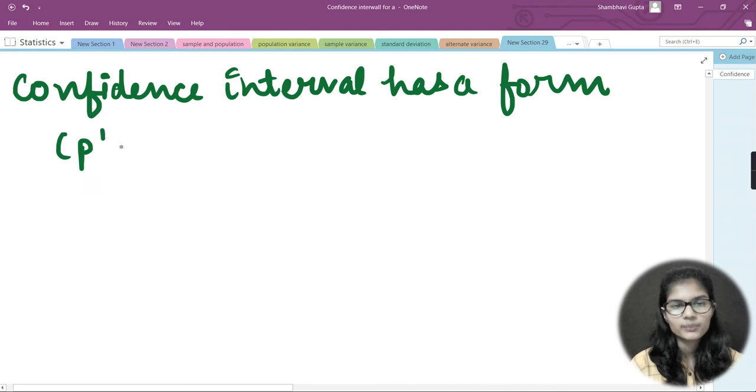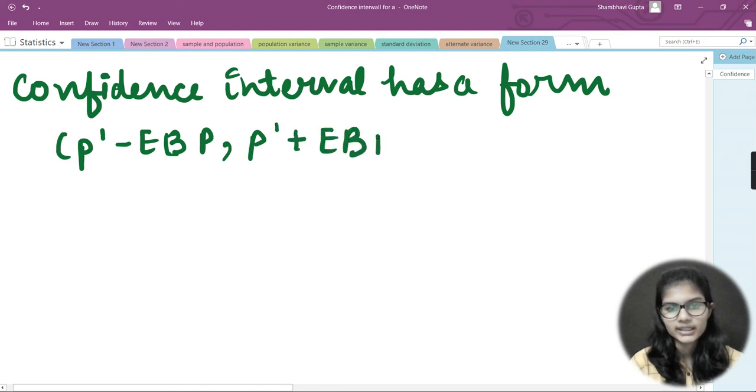It is P dash minus EBP, where EBP is my error bound for proportion. Just make sure to remember this full form: EBP is my error bound for proportion. So P dash minus EBP, comma, P dash plus EBP. This is the form of the confidence interval.